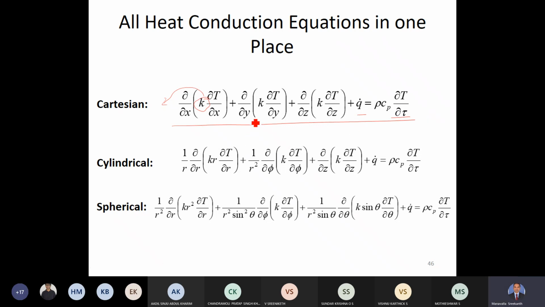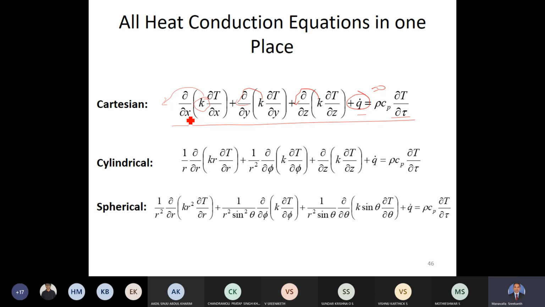Before we try to solve the problem, we will look at how this equation can be simplified so that it is applicable for our problem. We are told that there is no heat generation. That means this term will be equal to 0. We are told that the property is a constant. That means this k will come out, this k also will come out, this k also will come out.